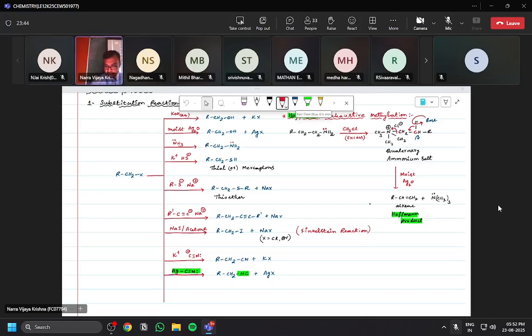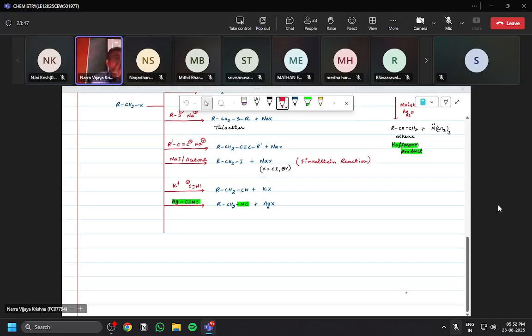So I told you to remind me about KNO2, AgNO2, right? So I am taking KNO2. KNO2 will ionize readily to form K plus and NO2 minus. In this, the negative charge is on oxygen, correct or not? So it is N double bond O, O minus, K plus.